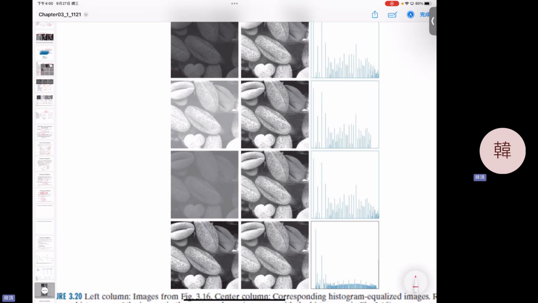It's an equalized histogram. Original is like this one. Do it again with a similar result. So this won't affect your original contrast characteristic. But if your original has a very bad distribution, it will automatically stretch your histogram distribution into a uniform line, and everything will become very clear. So we call it histogram equalization. We will show some examples in the next class.